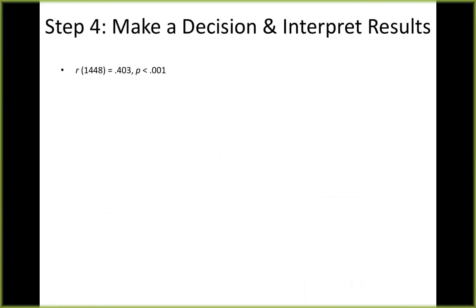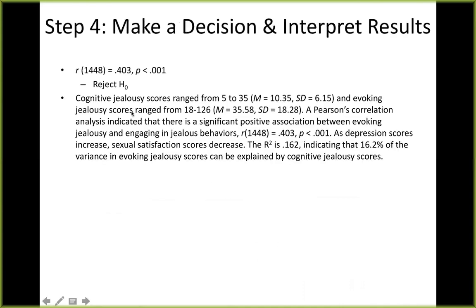So we see that the R is 0.403. We reject the null hypothesis because that is statistically significant. And we give our whole spiel about cognitive jealousy scores and evoking jealousy scores. And then we find that there's a significant positive association between evoking jealousy and engaging in jealous behaviors. So the jealous behaviors, or jealous sort of thoughts, I guess they're not really behaviors on that scale.